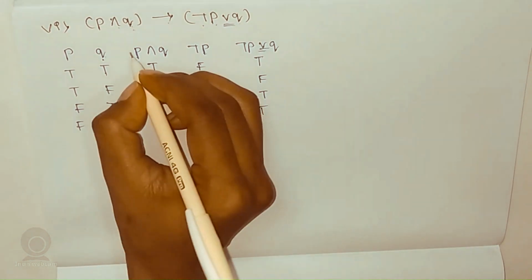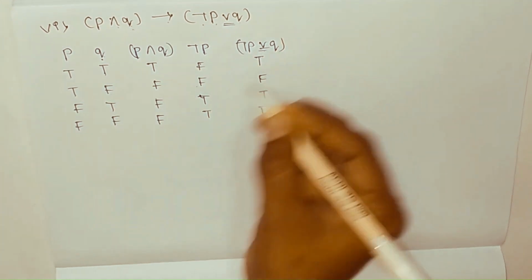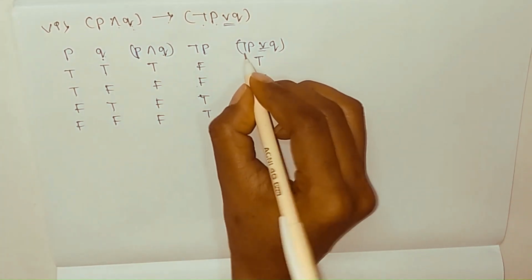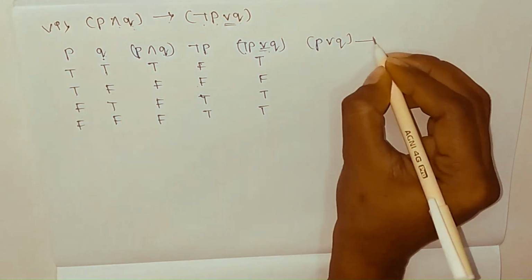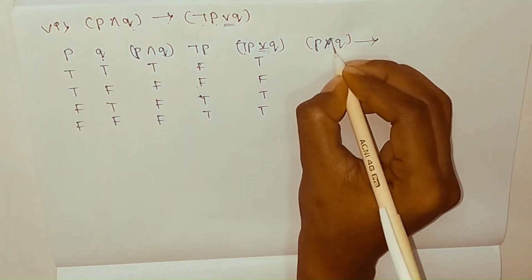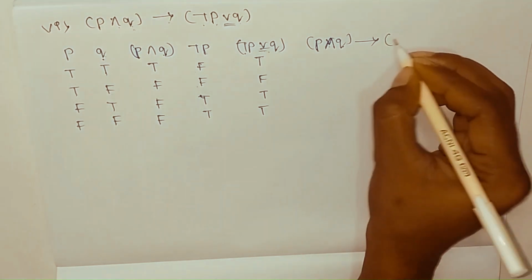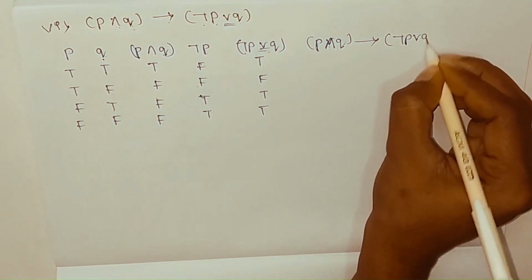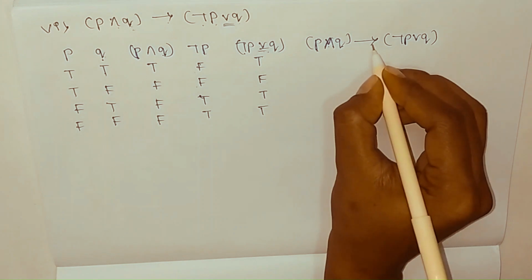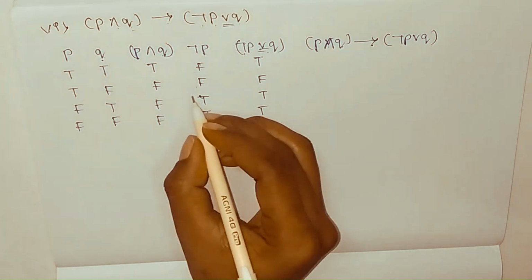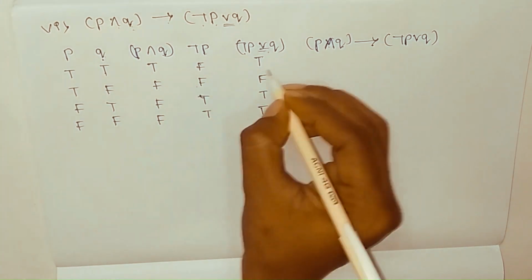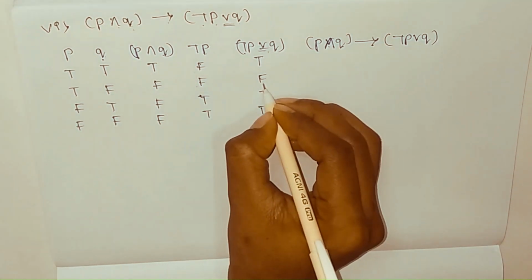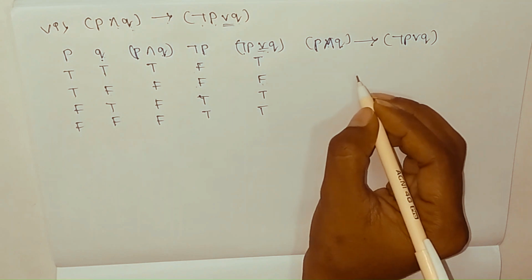Now we are applying implication to P and Q, and negation P or Q. Implies is nothing but if true false is there, then only it returns false.